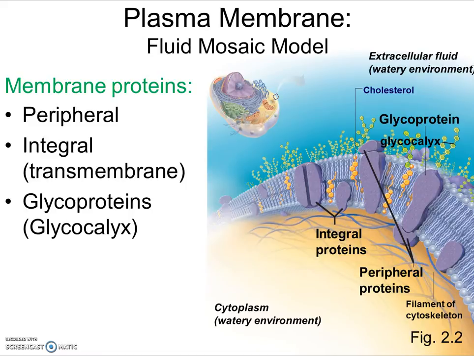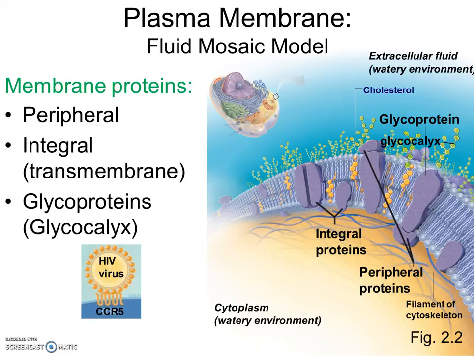Another thing that glycocalyxes are used for in their role as identity markers is actually, unfortunately in this case, HIV. So HIV is a virus, and what it does is it actually attaches to the outside of your plasma membrane and injects the viral material into the cell.